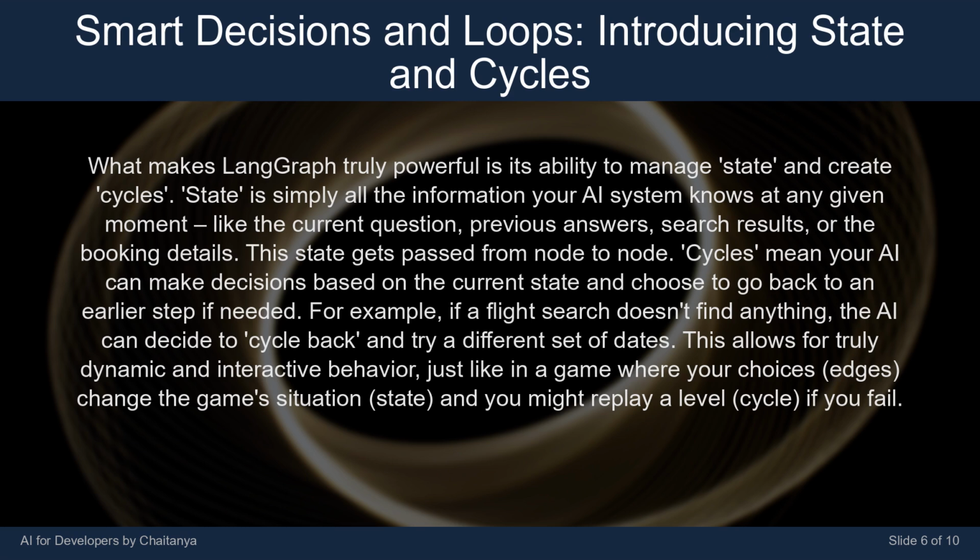For example, if a flight search doesn't find anything, the AI can decide to cycle back and try a different set of dates. This allows for truly dynamic and interactive behavior, just like in a game where your choices, edges, change the game's situation, state, and you might replay a level, cycle, if you fail.